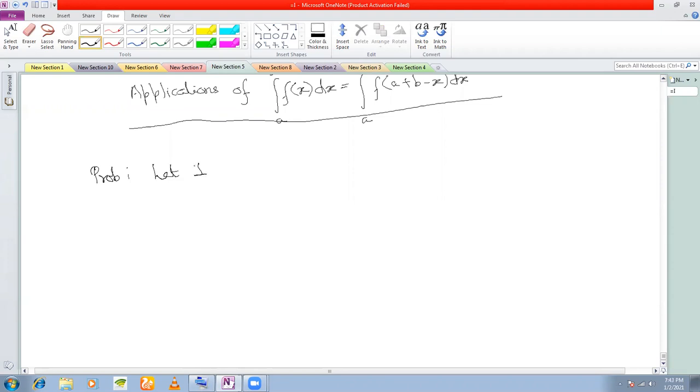Evaluate this integral minus pi by 6 to pi by 3 dx by root tan x. Now this property is very similar to one property. Can you recall that property?